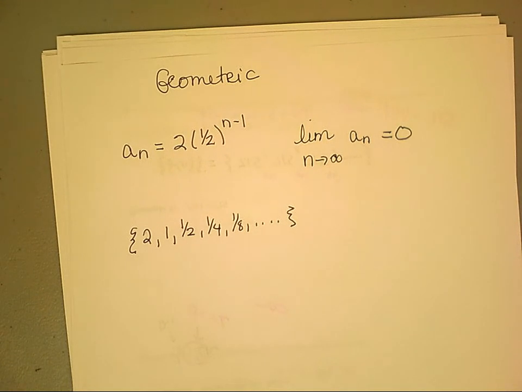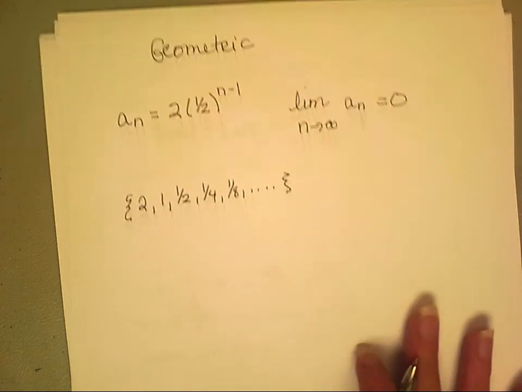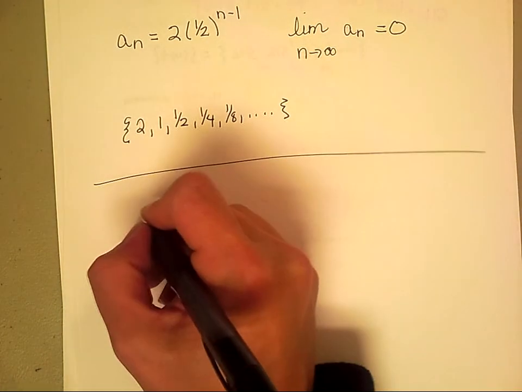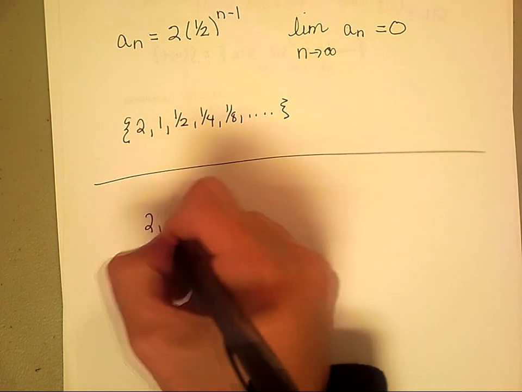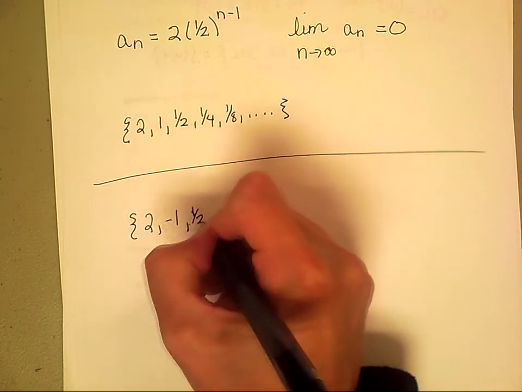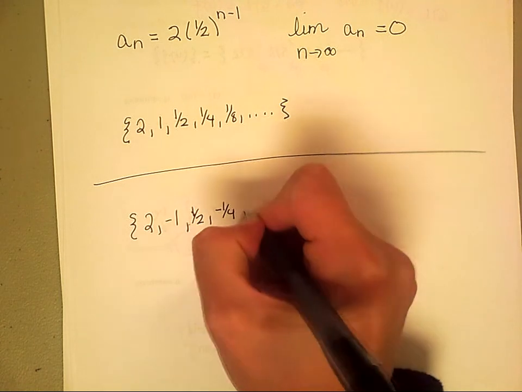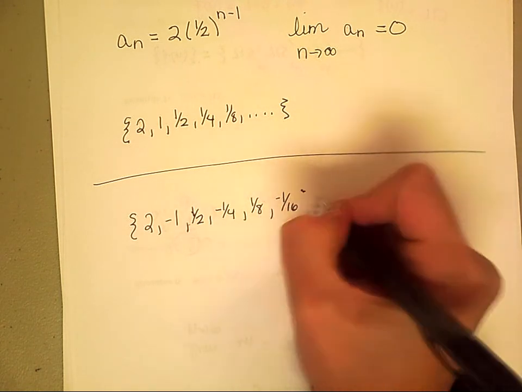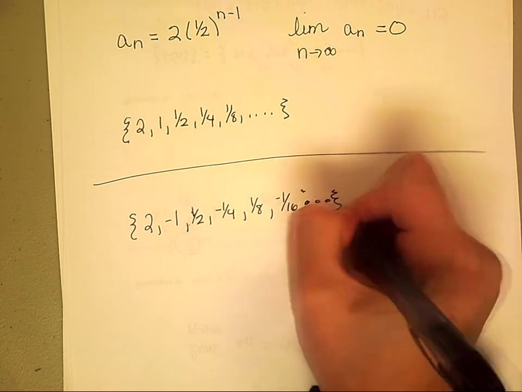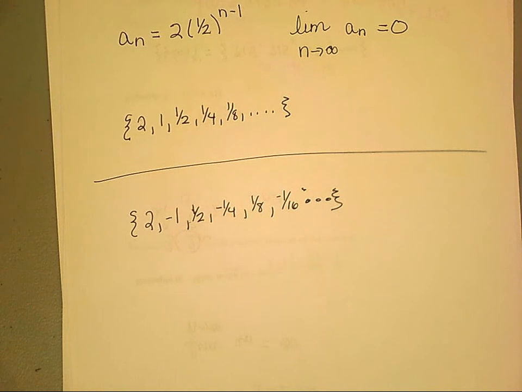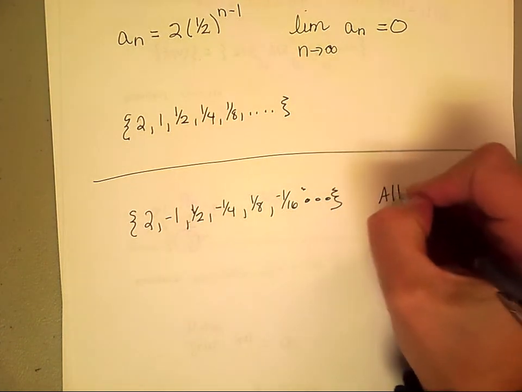Now, let's consider a sequence that's very close to it. What if it was 2, minus 1, 1/2, minus 1/4, positive 1/8, minus 1/16, etc. Now, this is an alternating sequence.